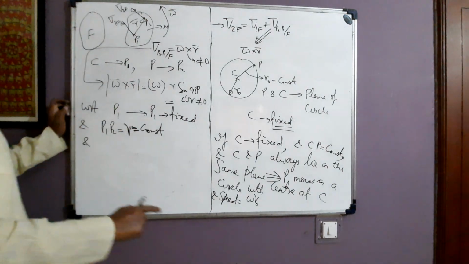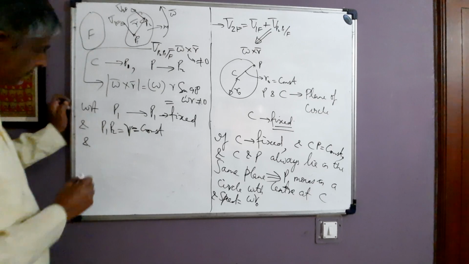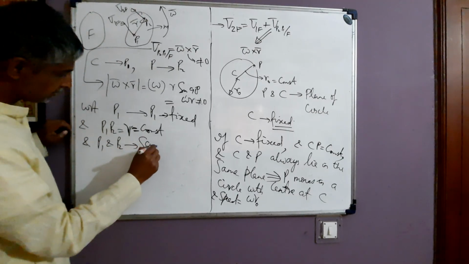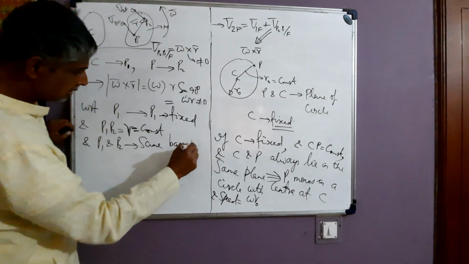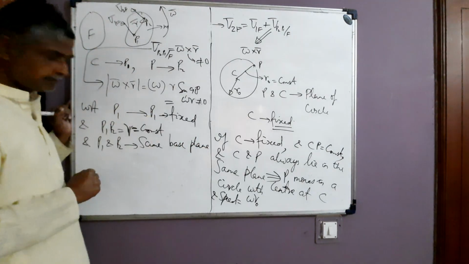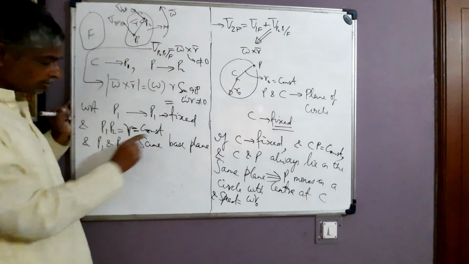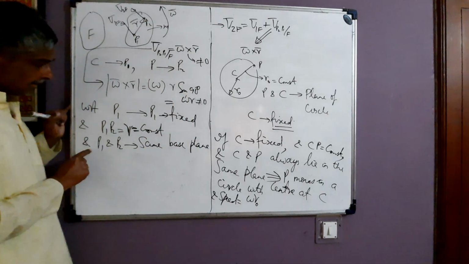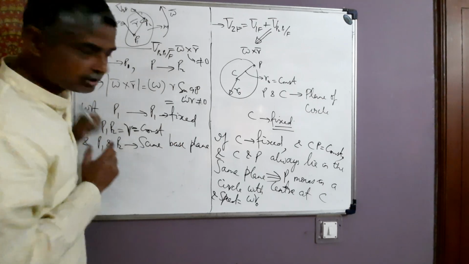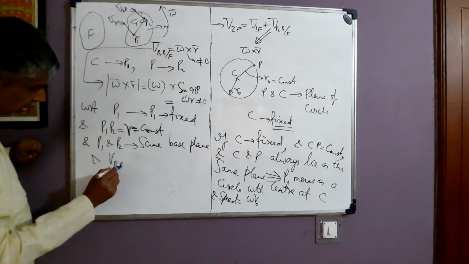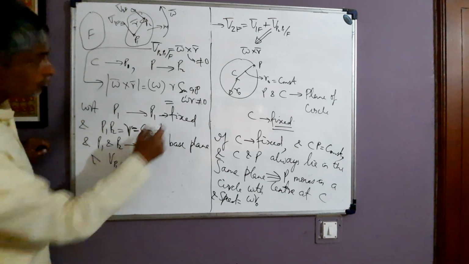And P1 and P2 are in the same base plane by assumption. And the velocity of P2 with respect to P1 in F is non-zero, just equal to omega R.